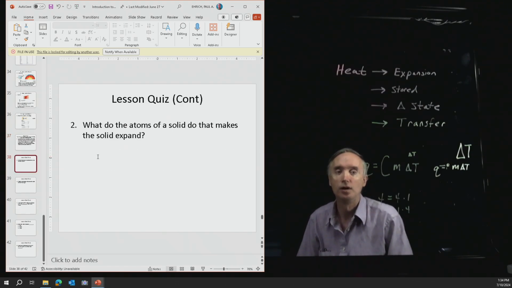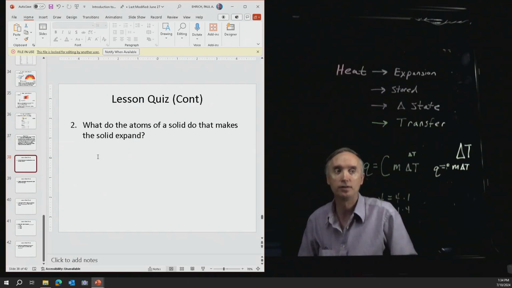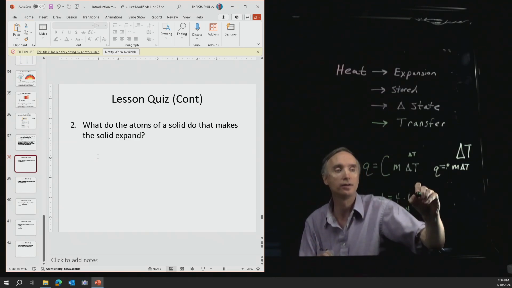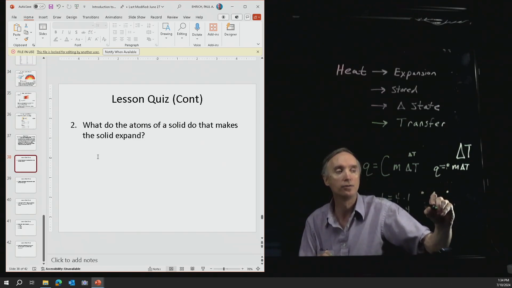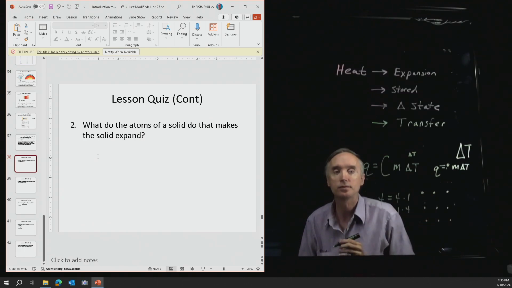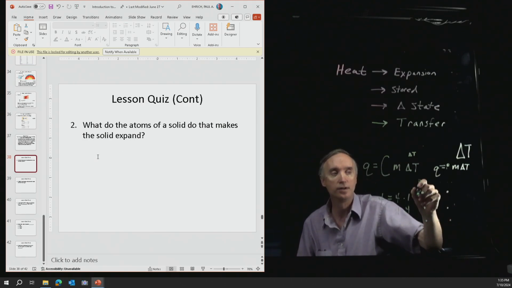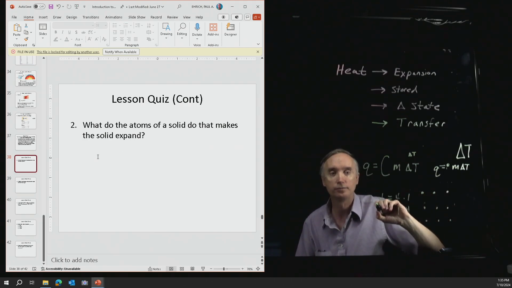Question number 2. What do the atoms of a solid do that makes the solid expand? So in the case of a solid, pretend that these are the atoms that are held together by electrical forces, which we could represent as springs. So as we add energy to the solid, it's going to start to vibrate.